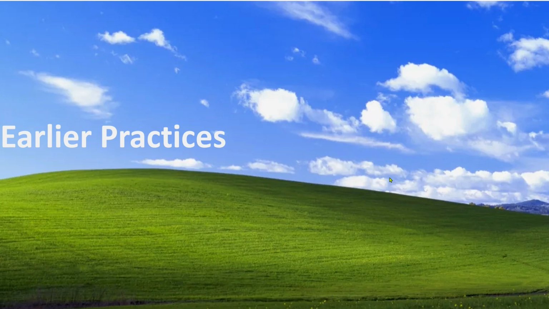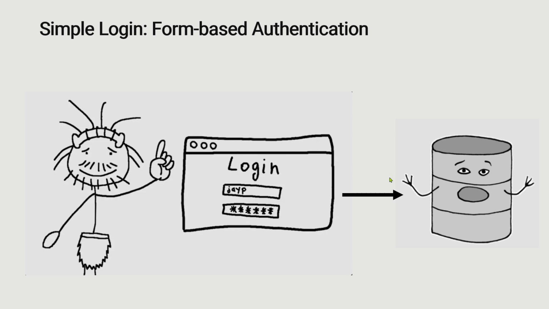Anyways, coming back to our topic, OAuth 2.0. Before OAuth 2.0, how did a user get authenticated? What were the earlier practices to authenticate? First is simple login, that is form-based authentication.